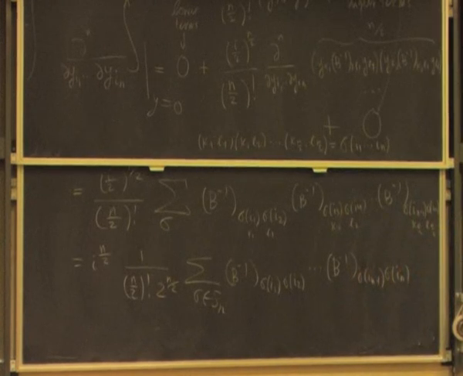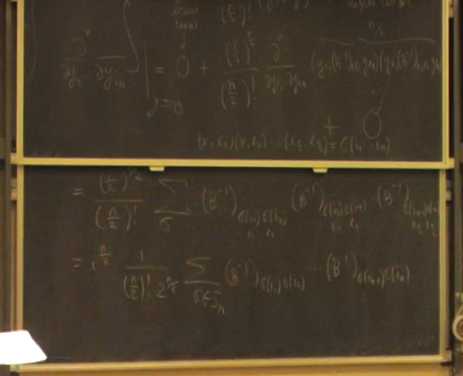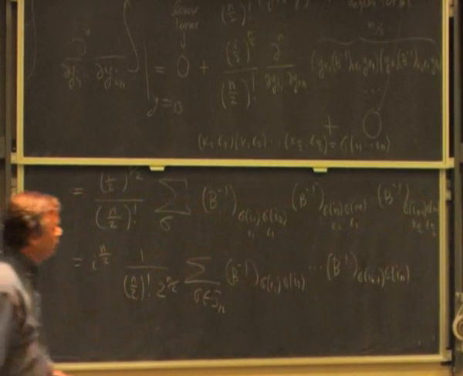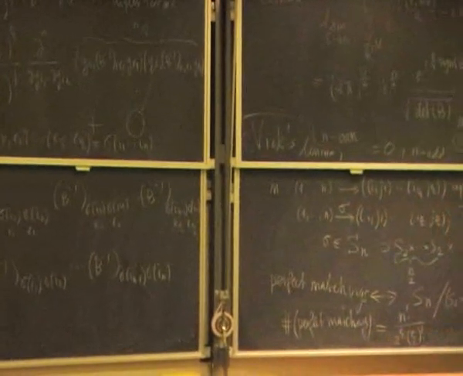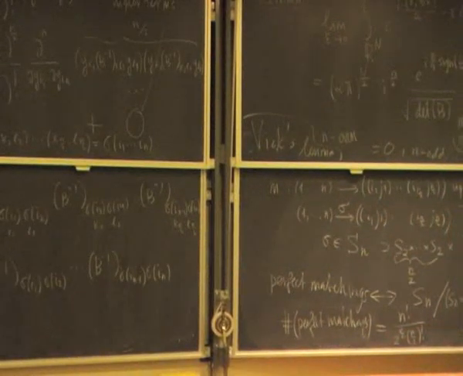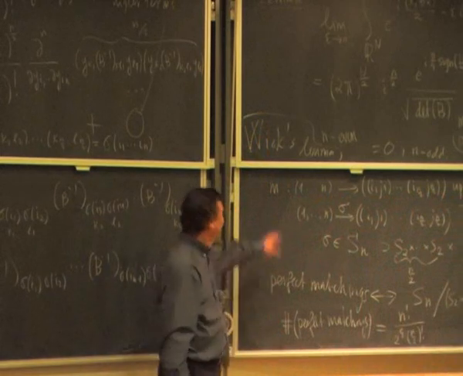But that's exactly what we have to do. So that's exactly the sum over perfect matchings. This is the so-called Wick's lemma. This is just a very useful fact about Gaussian integrals. Are you sure it's spelled with V and not W? No, I'm not. I think it's Wick's, like this.